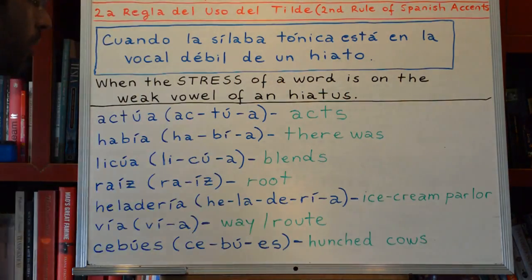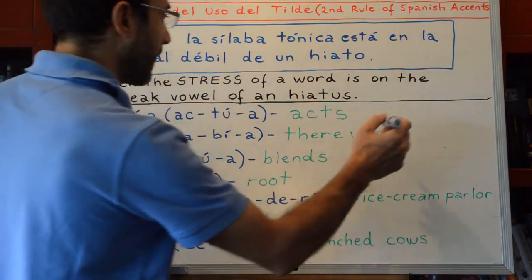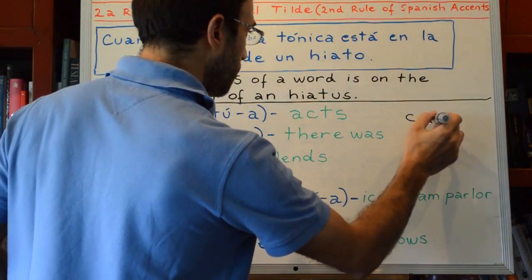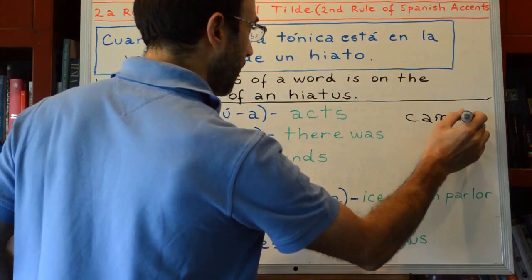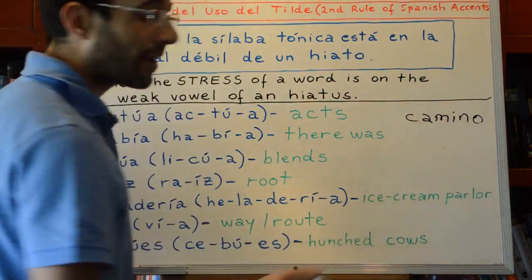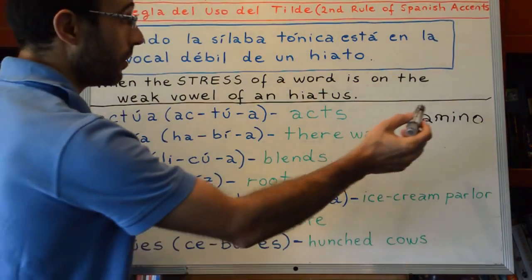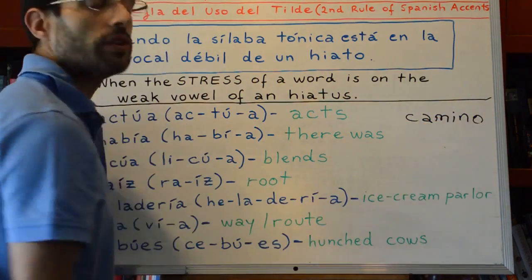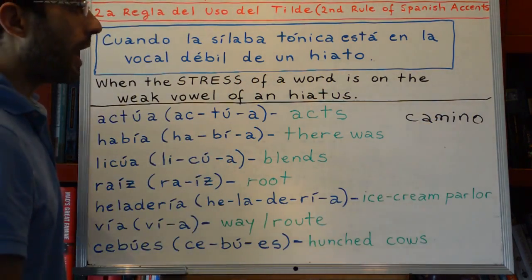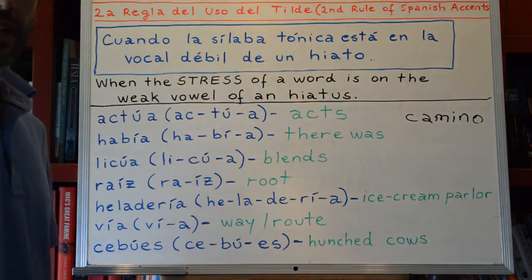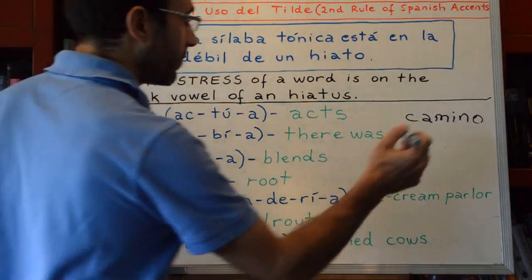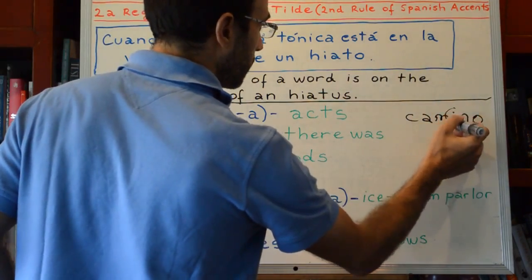For example, the word camino. Camino means path or way. There is no tilde here, right? There's just an I with a dot. Camino has no tilde. Nevertheless, it does have an accent. The accent is here in the I, right?